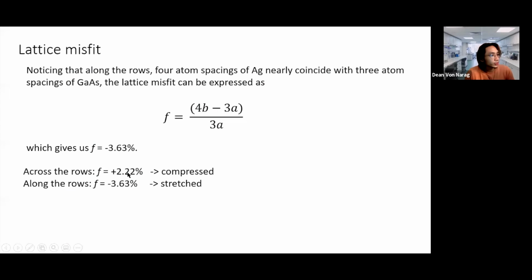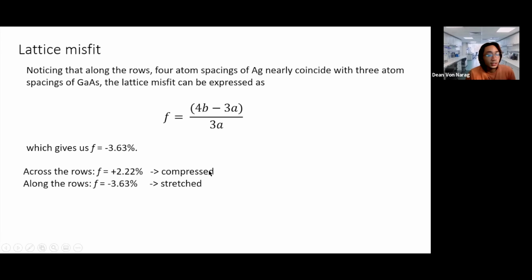So across the rows, we have F equals positive 2.22%. This is for the silver, for your deposit. Since we have a positive value here, it means that our silver has a greater atomic spacing, and the GaAs has a lesser atomic spacing.